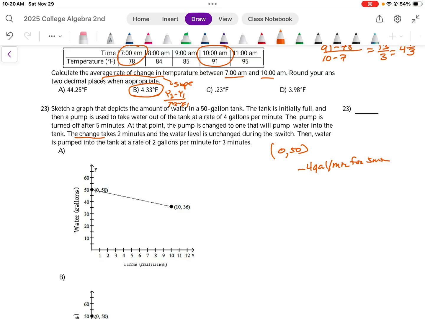So that tells me right there, for 2 minutes, I have a horizontal line, because it says level unchanged. Then we're pumping into the tank. So now we're doing a plus 2 gallons for 3 minutes. Okay, so I'm looking for a graph that goes down, flat, and then back up.